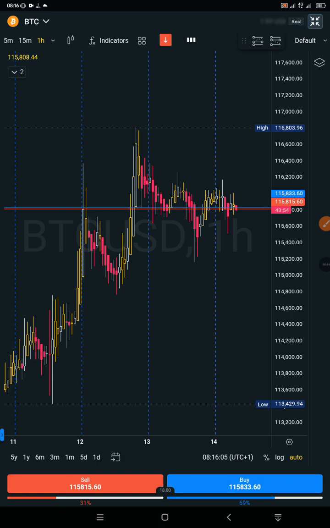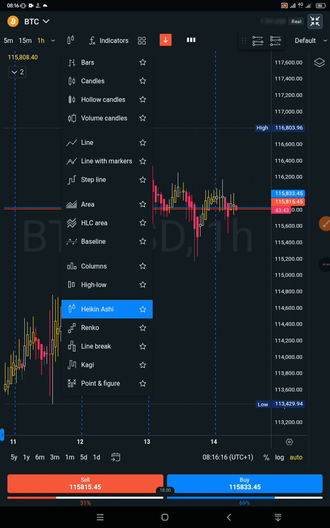Now, if I click on a toggle here, you're going to see the diverse types of charts we have. You can see we have the Heikin Ashi, which I'm currently using. We have Renko, line break. You have the normal candles, which is known as the Japanese candlesticks.